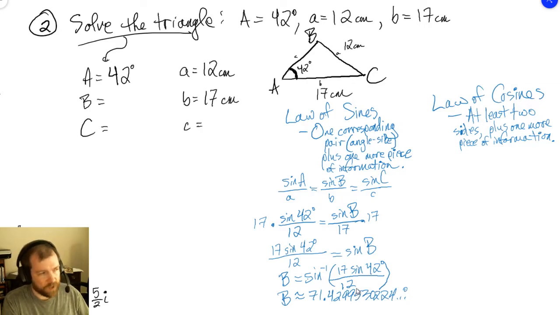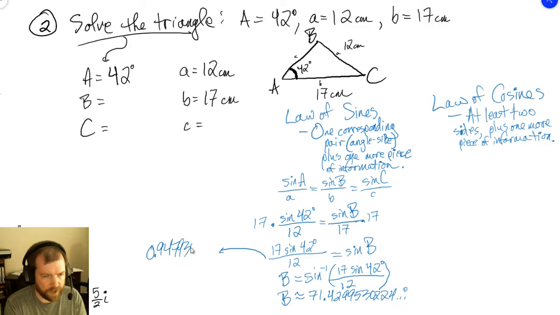Now there's also another weird thing that's going on here. The sine of B is equal to this stuff. Now all of this stuff has a particular value of 0.9479350 and more stuff after that.